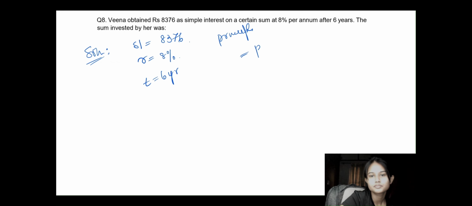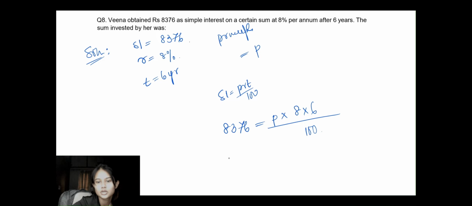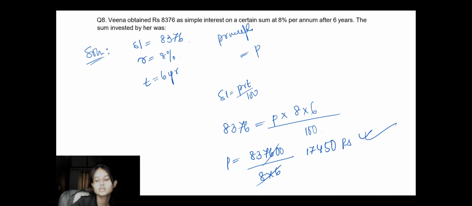So we know SI equals PRT by 100. SI is given as 8376 equals principal is P, R is 8, T is 6 divided by 100. So therefore P is 837600 divided by 8 into 6. If we cancel this out, we get 17450 rupees. Therefore, this was the sum she invested.